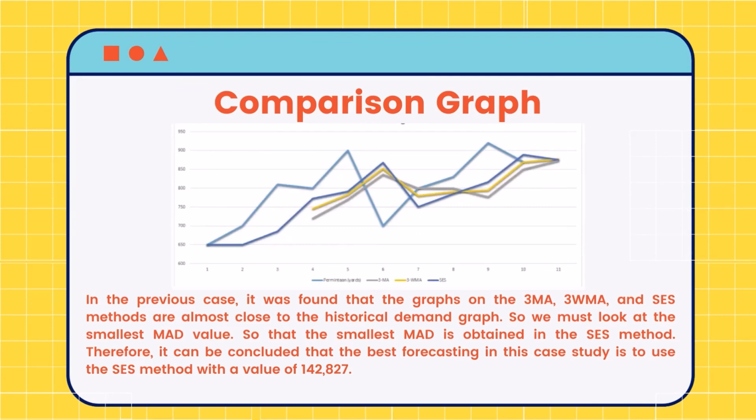Therefore, the smallest MAD obtained is single exponential smoothing. It can be concluded that the best method in this study is the single exponential smoothing method because its pattern is similar to the historical data given and it also has the smallest MAD value.